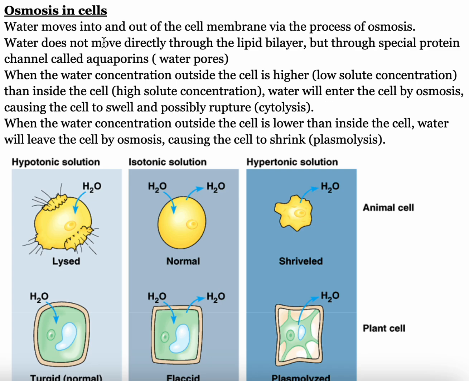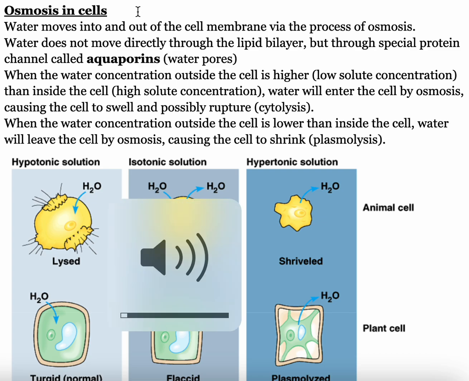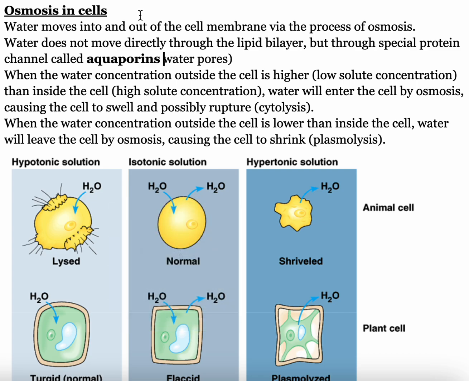Now let's actually apply osmosis. So basically, water moves into and out of the cell membrane through osmosis. It doesn't move directly through the lipid bilayer, but it moves through a special protein channel called aquaporins. Basically, these are just water pores. When the water concentration outside of the cell is higher, which means there's low cellular concentration, this might get you mixed up.